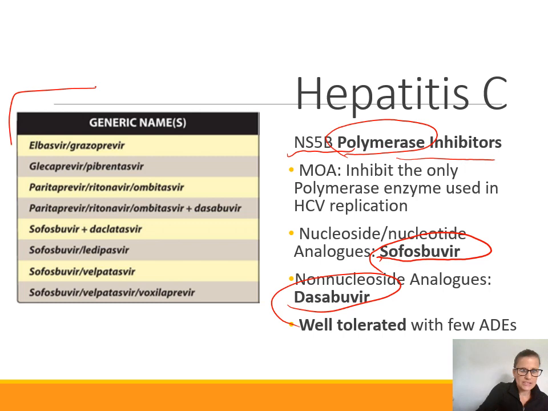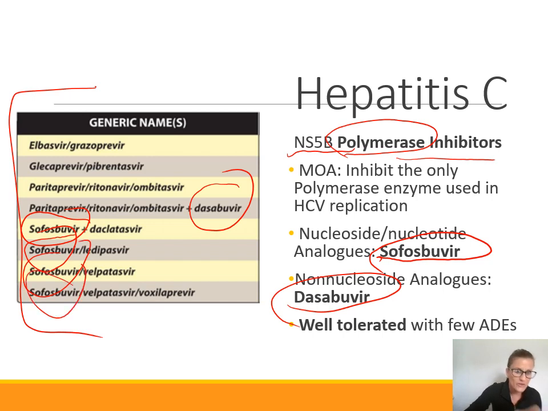Again, this is the same list that I showed you guys before. These are just different combinations of drugs that we use for hepatitis C treatment. And you can see these polymerase inhibitors included in some of these combinations, right? Dasabuvir, you see here, Sofosbuvir, Sofosbuvir.